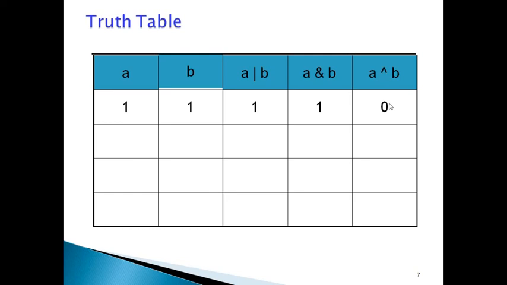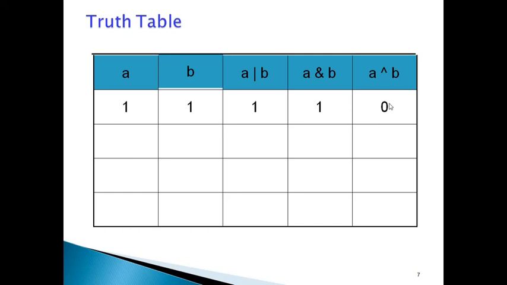Coming to the exclusive OR gate, exclusive OR operation, if any one of the inputs is high, it gives output 1. If both inputs are 0, or both inputs are high, the resultant value equals 0.